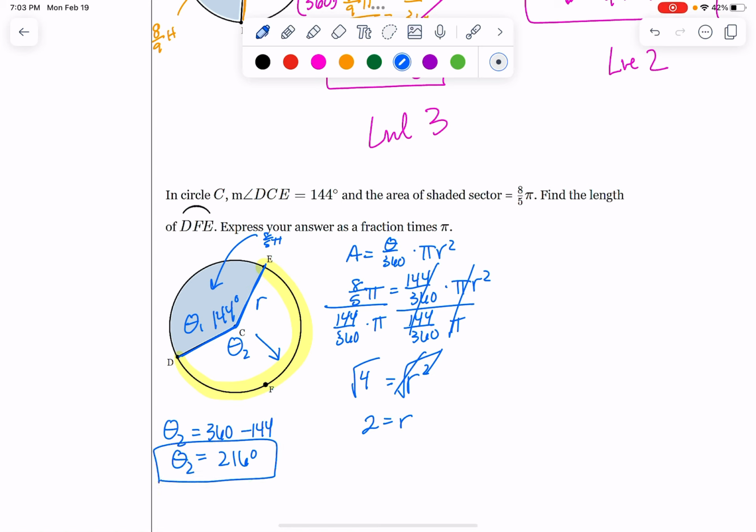So this is the theta and this is the radius that I need to find arc length.